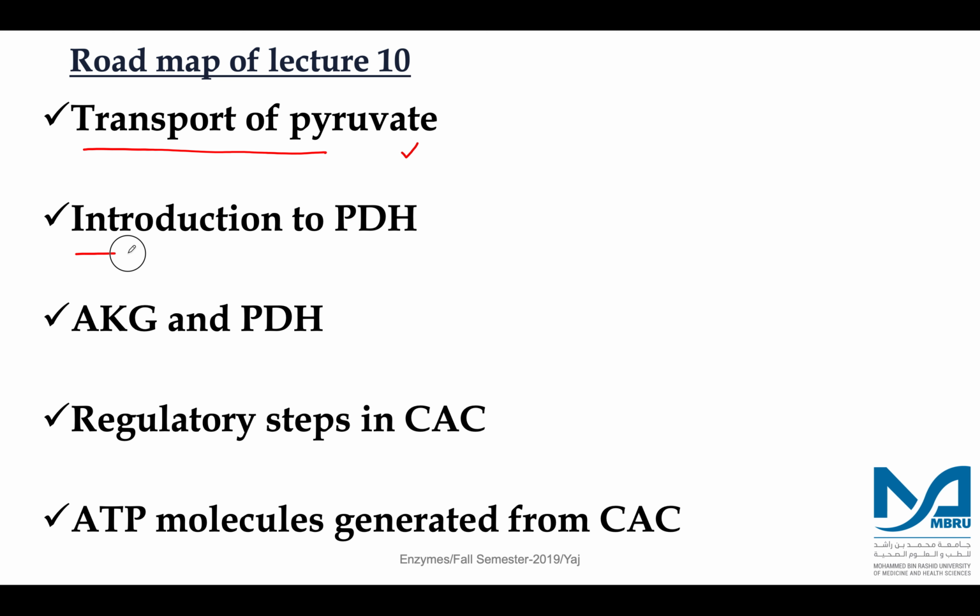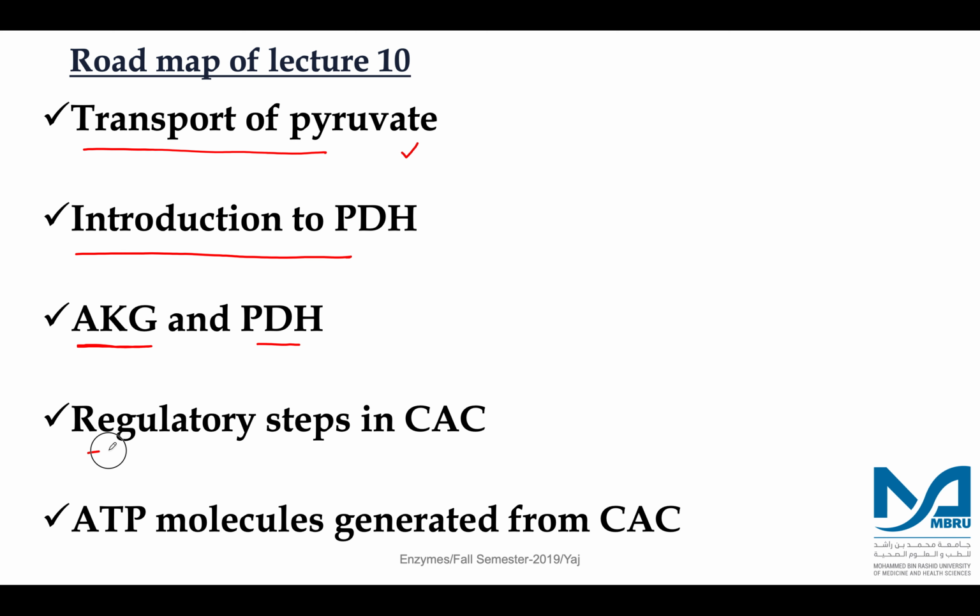Then we will introduce you to the pyruvate dehydrogenase complex, which is responsible for the conversion of pyruvate to acetyl coenzyme A. We will focus on specific steps of the TCA cycle and on a specific enzyme, alpha-ketoglutarate dehydrogenase, and compare it with pyruvate dehydrogenase.